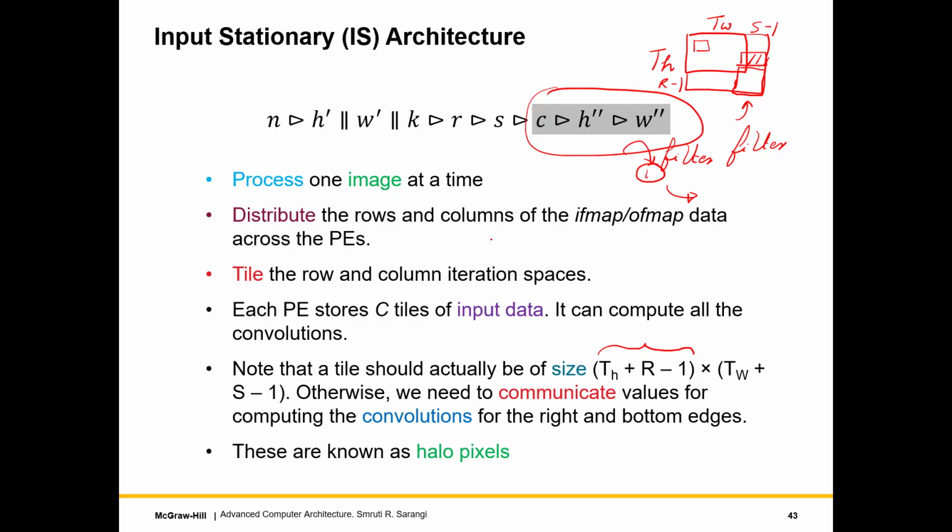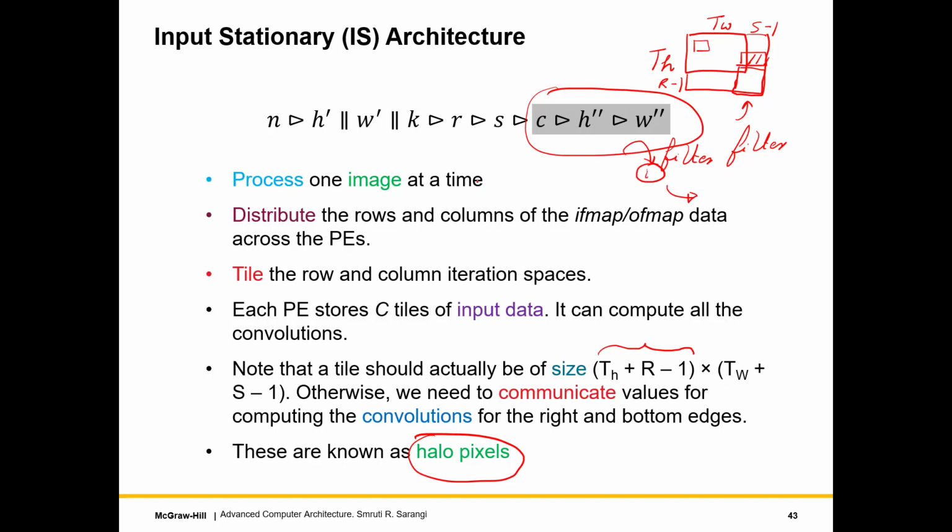These values which you would like to communicate, but are avoiding by deliberately considering a larger tile size, are known as halo pixels. Halo is from the English word, the halo of light that comes when there is an occlusion. It is pretty much the same concept, but in this case these are known as halo pixels, and they have to be taken care of by having a larger tile size. That is how we are avoiding it.